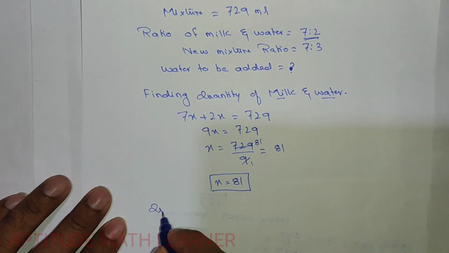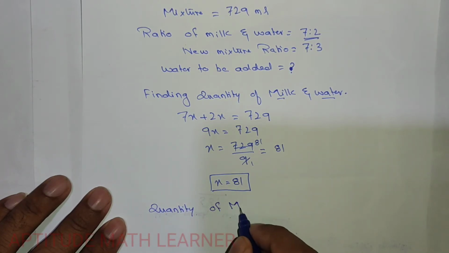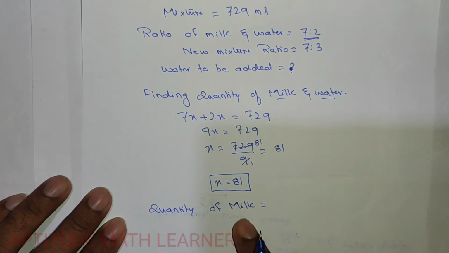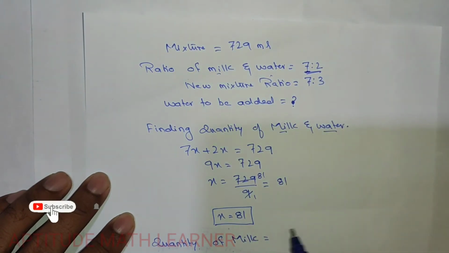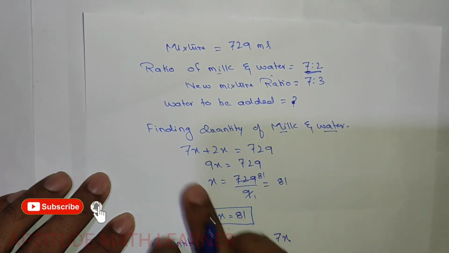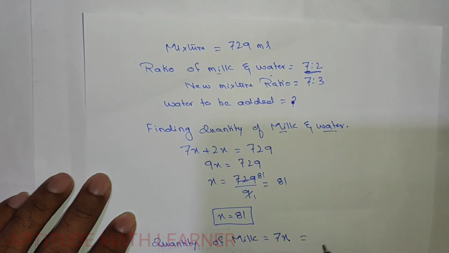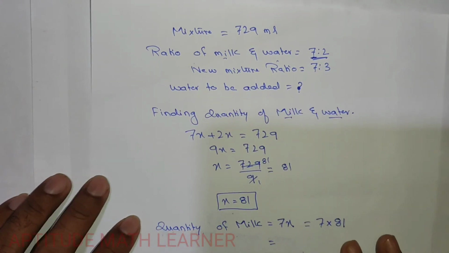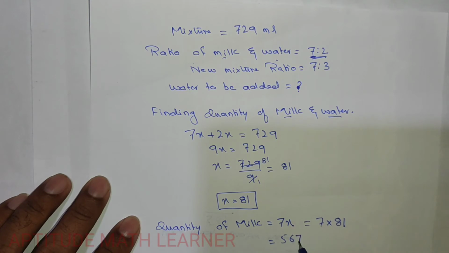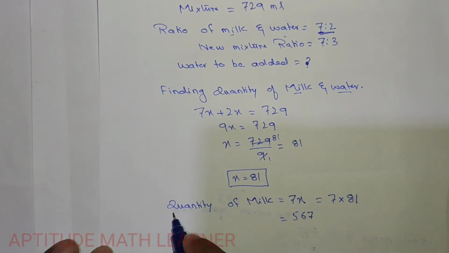Milk is in the ratio of 7, so we suppose the quantity of milk is 7x. It becomes 7 multiplied by 81, where 81 is the value of x, and we get 567. So this is the quantity of milk.